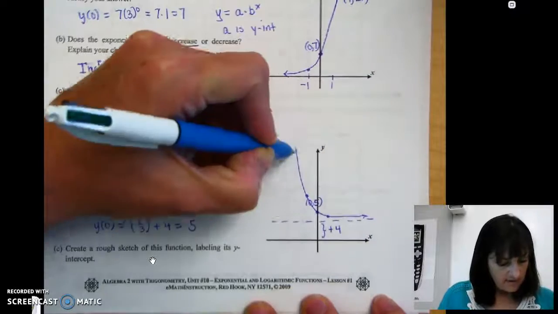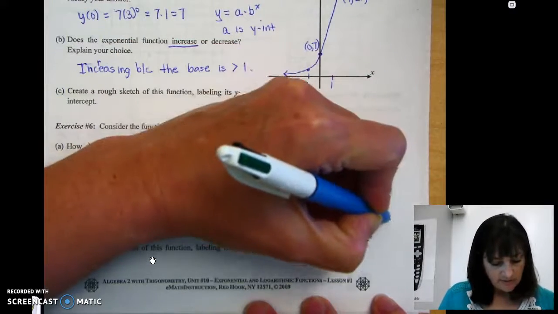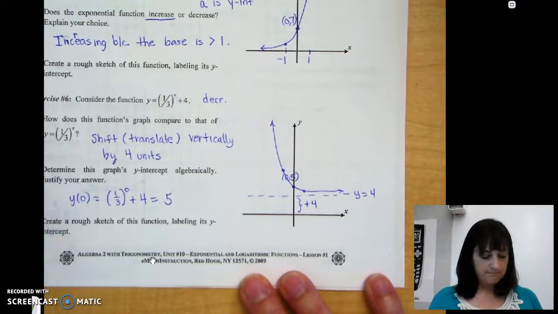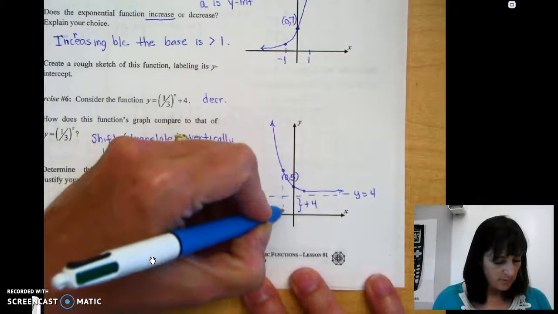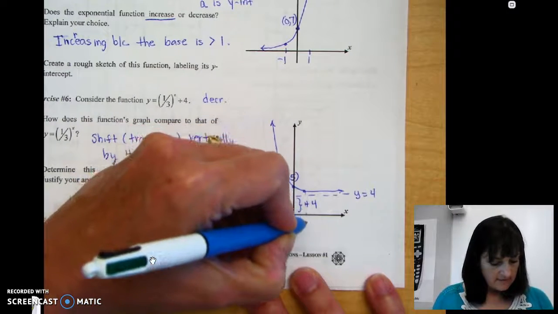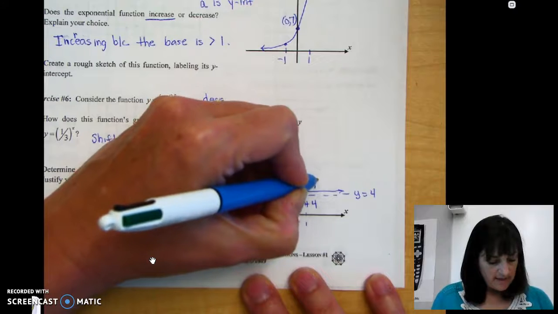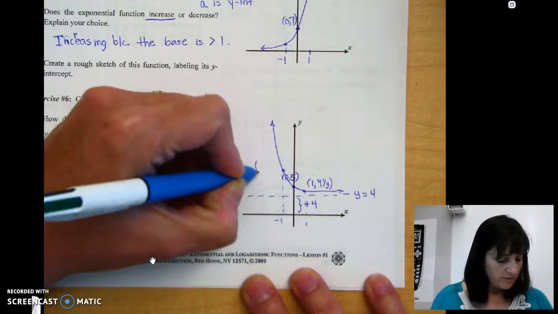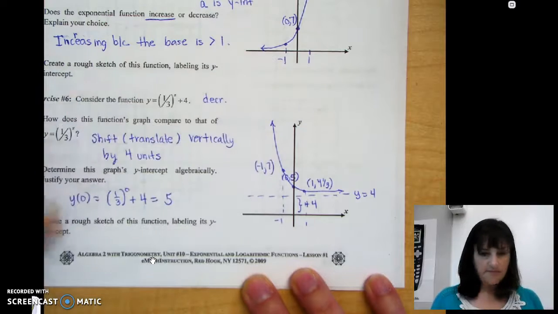And most importantly, though, we want to get that horizontal asymptote in at y equals 4. So maybe we'll label a couple more points here. So this will be 1 and 4 and 1/3, and this point here would be -1 and 7.